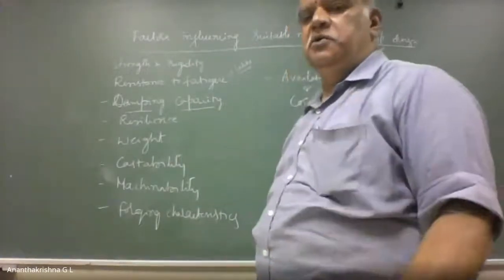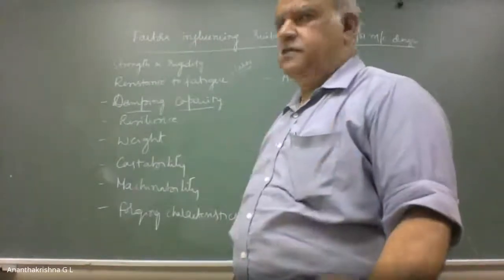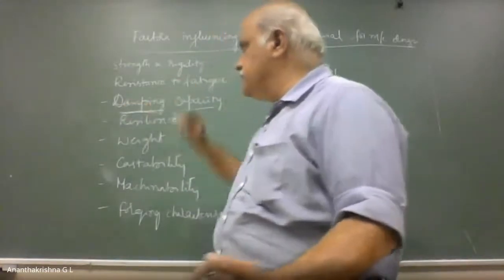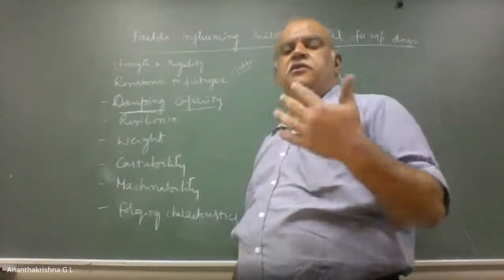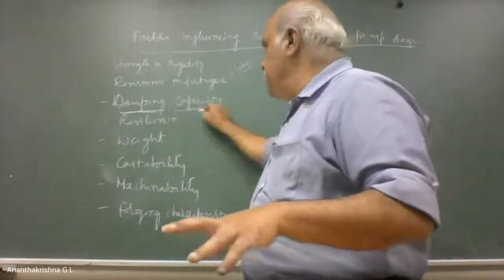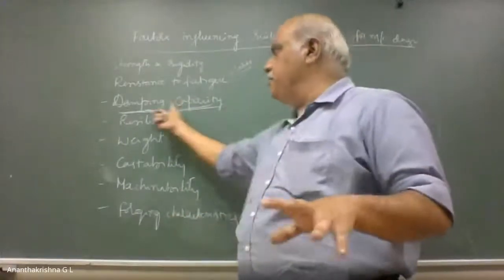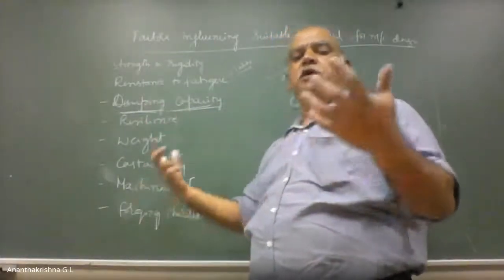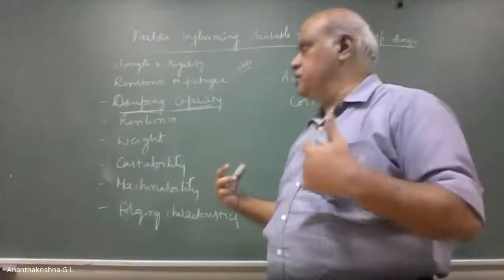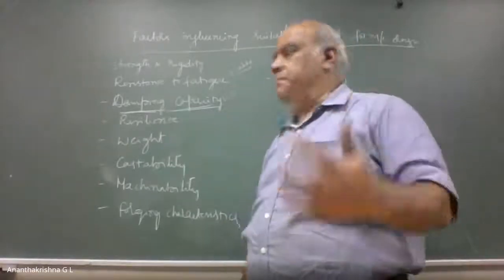What does it do? It essentially absorbs vibrations. The definition of damping is to resist vibration. So the material that we choose for design should have good damping capacity. That means it should absorb the vibrations that are generated during operation of the component. That is what is called damping capacity.